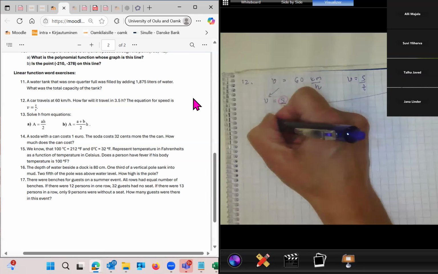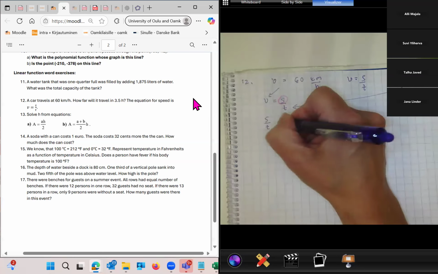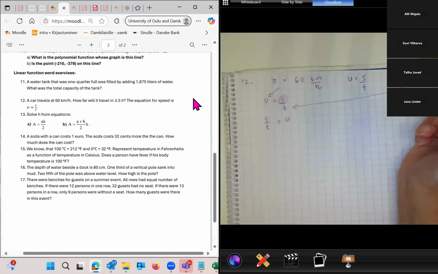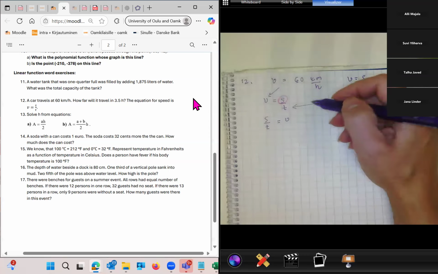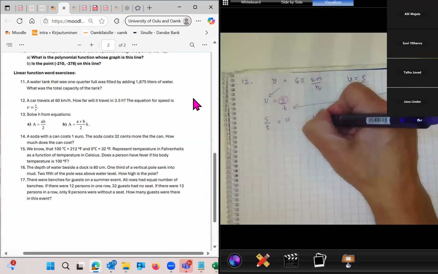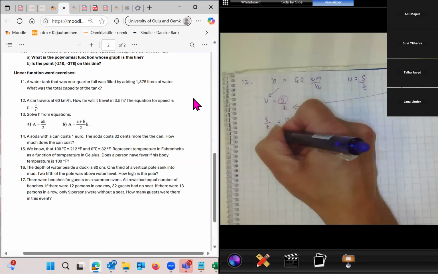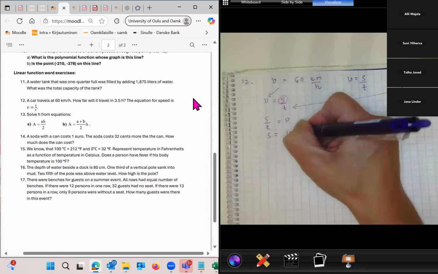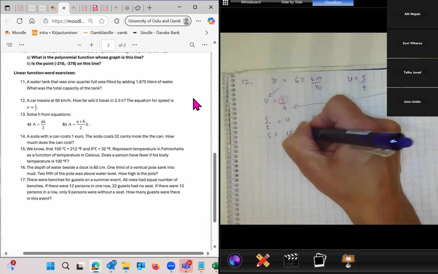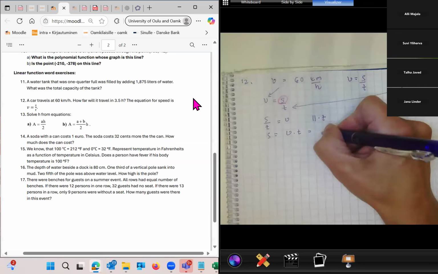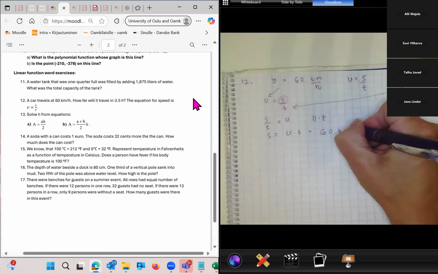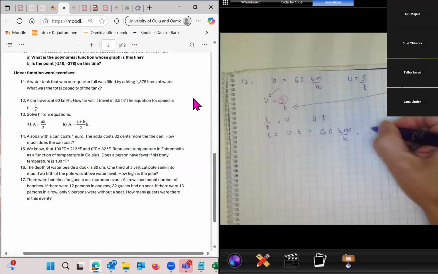You would have moved it like this, and then multiplied with t, yes? You might not even have to do this kind of thing, just by thinking. 60 kilometers an hour, and then you have 3.5 hours.